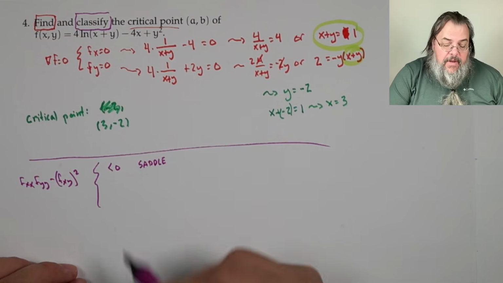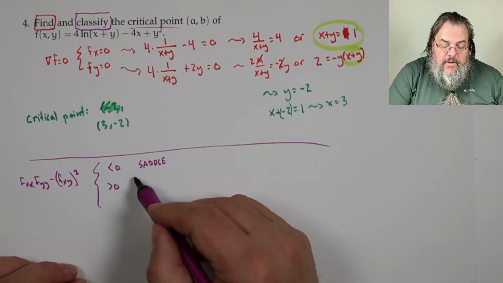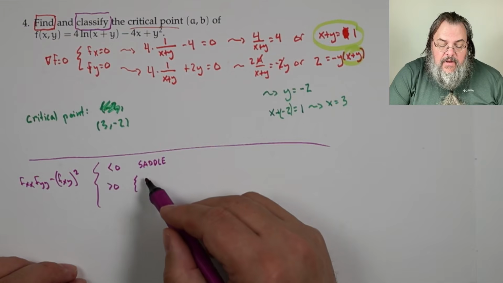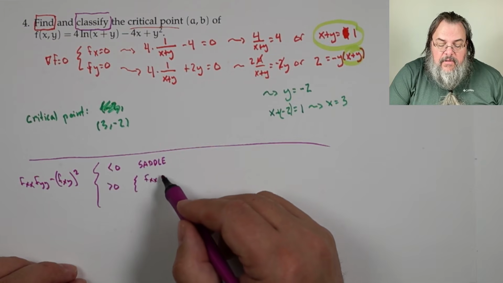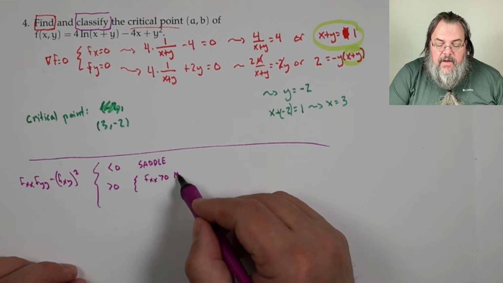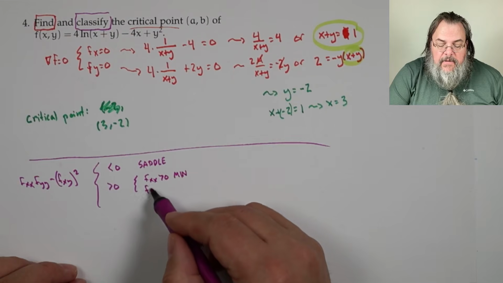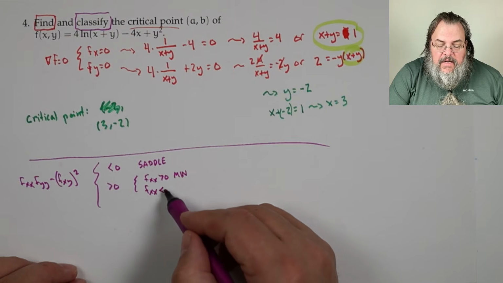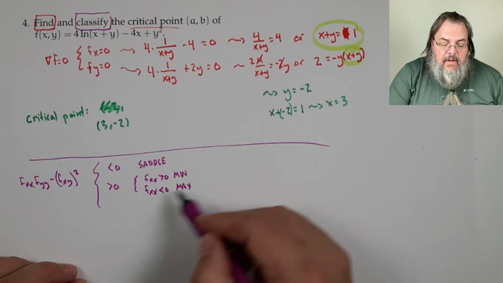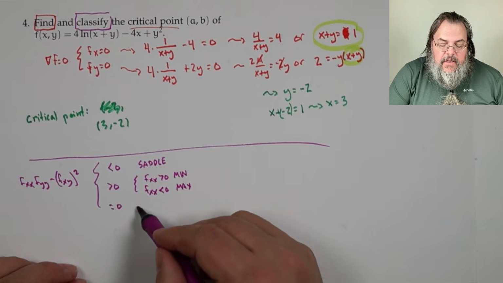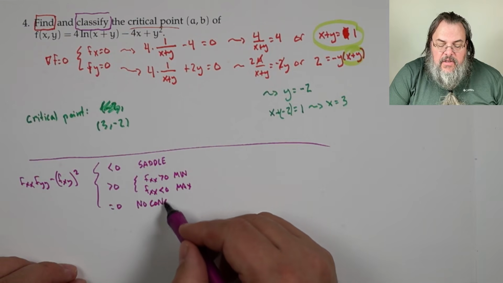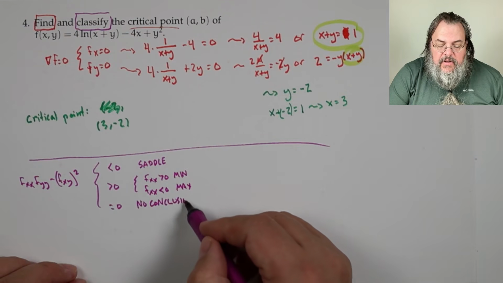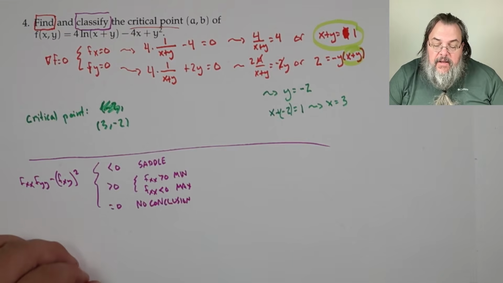It's neither min nor max. If it's greater than 0, it's one of two things. If fxx is positive, you're at a min. And if fxx is negative, you're at a max. If this equals 0, by the way, there's no conclusion. All right, so that's the test.